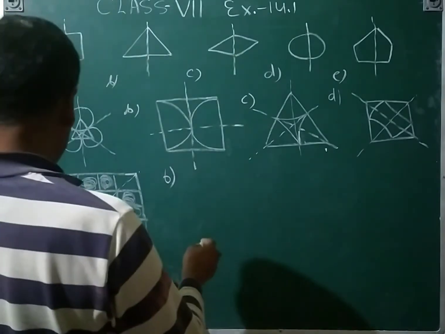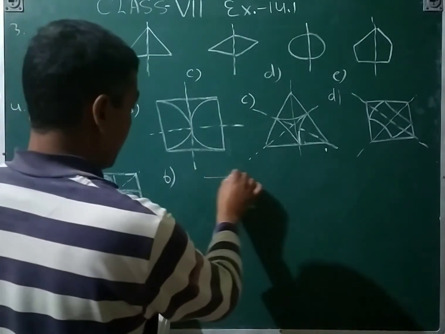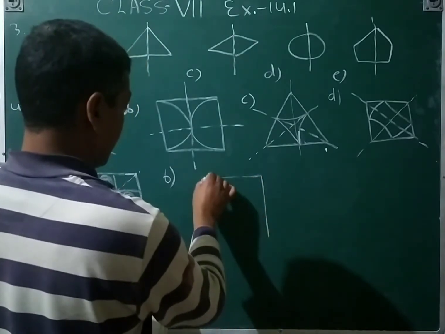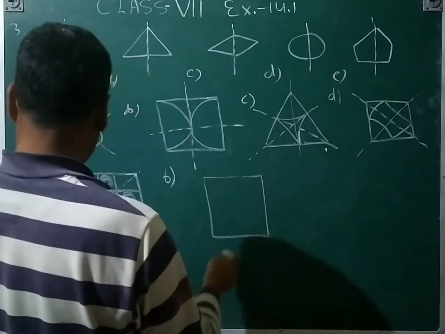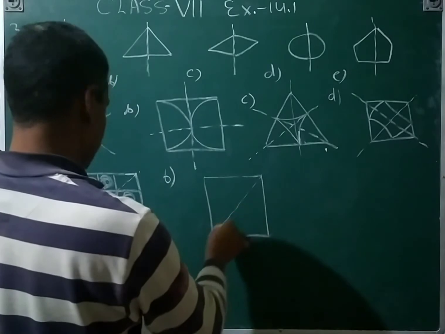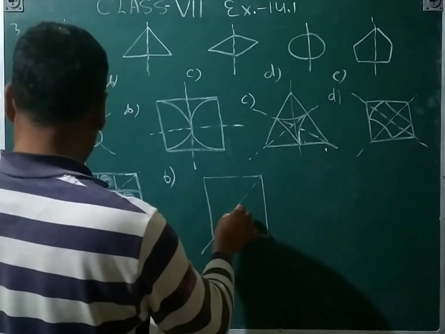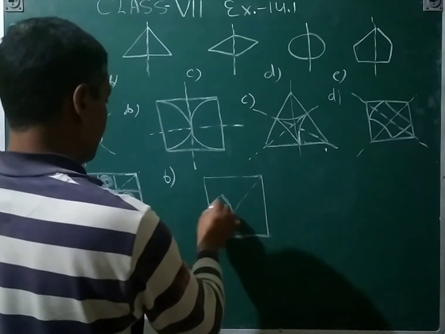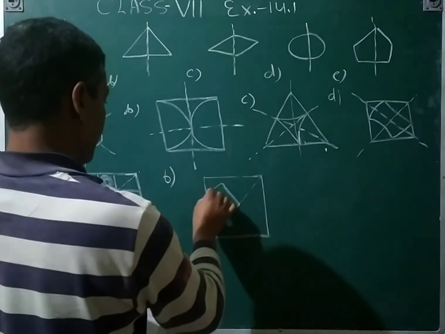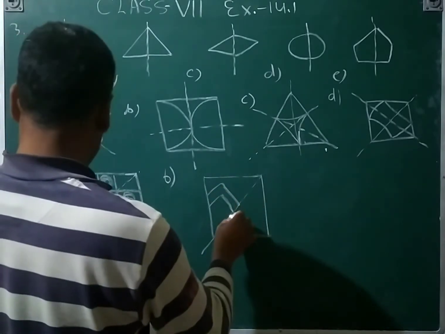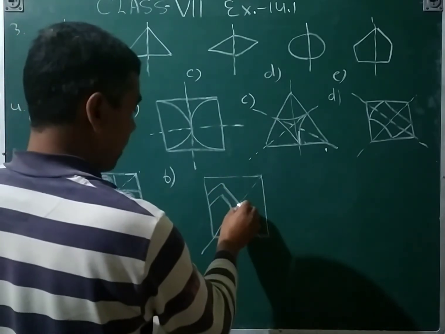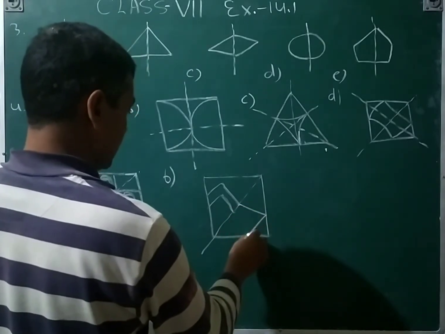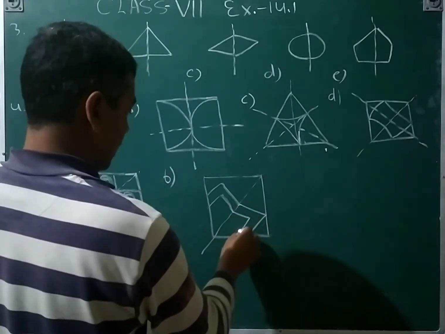A diagram is given here. A box diagram is given, like this box, and then a diagonal is also given here. Looking here, you will use the graph, so that this diagram will be like this and like this.